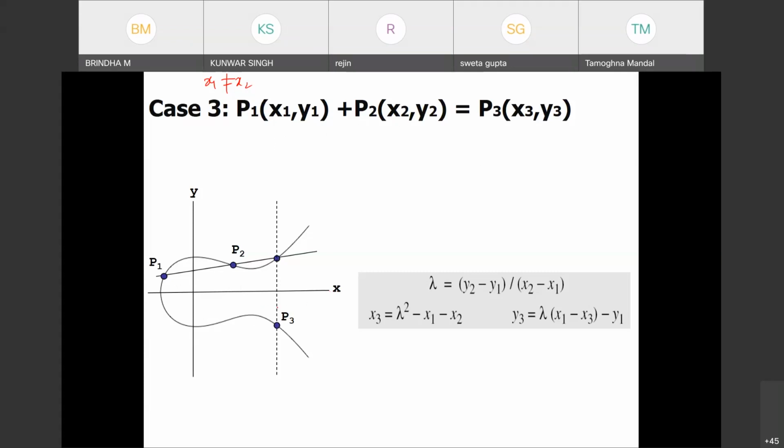Now the coordinates of P3 will be as follows. That you can easily derive. I think it may be given here. Okay, it's not given here.